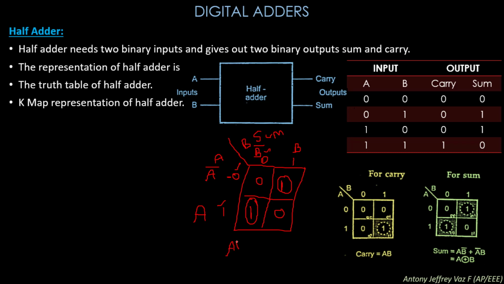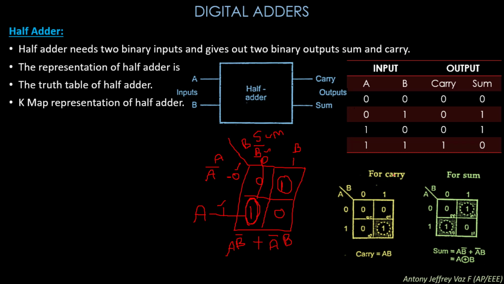You should write A and B bar, because this element is 1, and this element represents A and B bar. So you should write A B bar plus, and for this element you should write A bar B. This is for the sum.